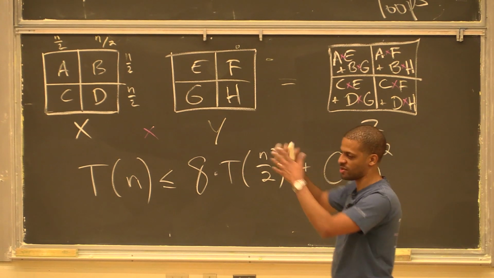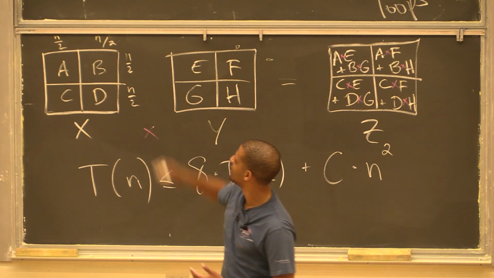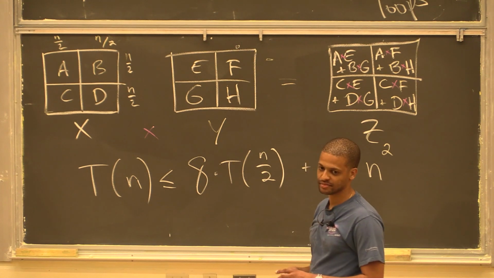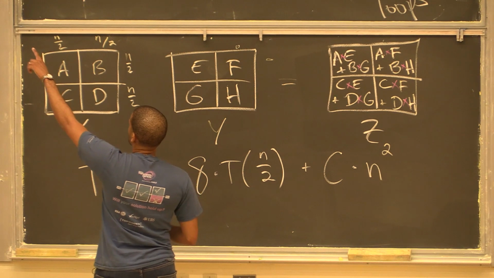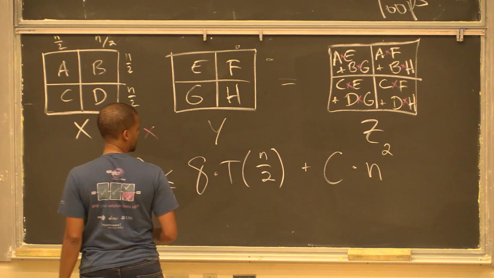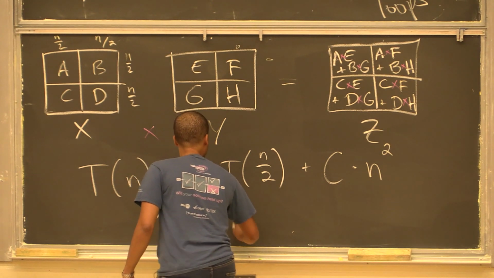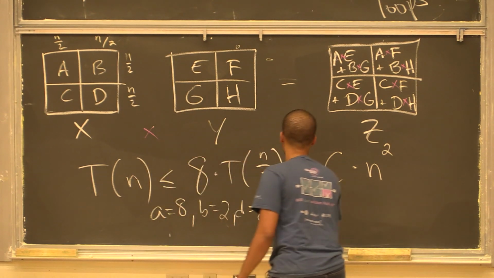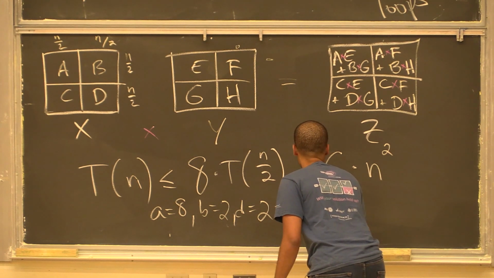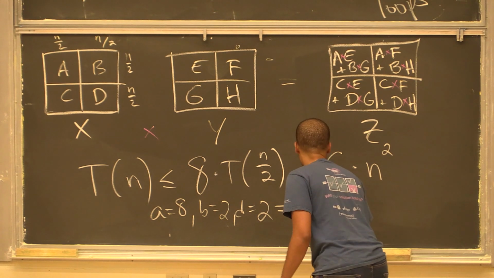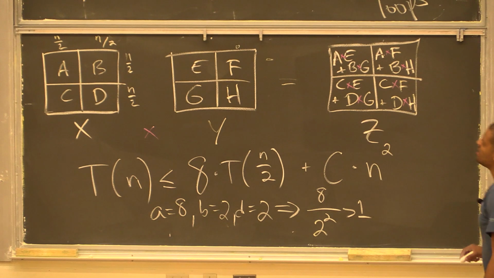And we could draw out the recursion tree and calculate it from scratch, but we don't have to because this fits in with the format of the master theorem. So the master theorem says that, so what's A? A is 8, B is 2, D is 2, which implies A over B to the D, so 8 over 2 squared, that's bigger than 1, right?